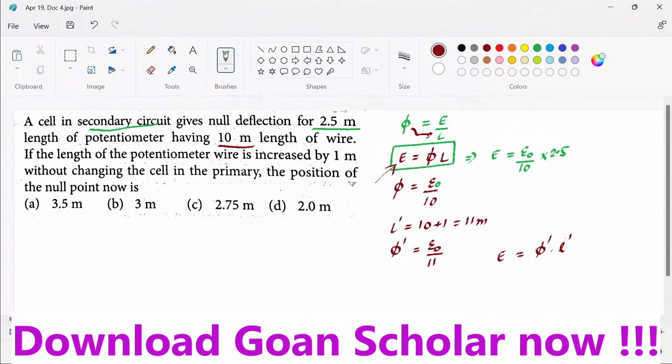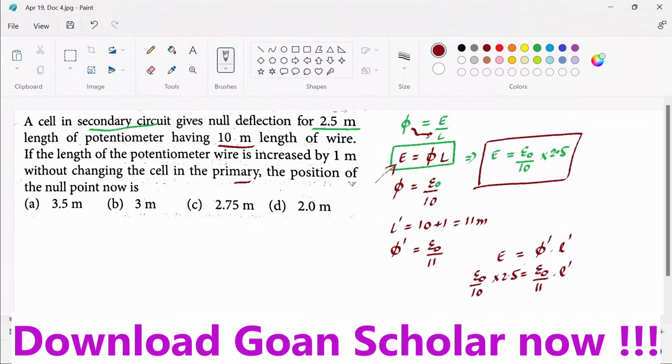Sir, what about this E? Why is it not E prime? This is not E prime because they have not changed the primary nor the secondary circuit. They have simply changed the length to L prime in this case. So phi prime here is nothing but E naught by 11 into L prime. And what's our E? We got it in the previous case: E naught upon 10 into 2.5.